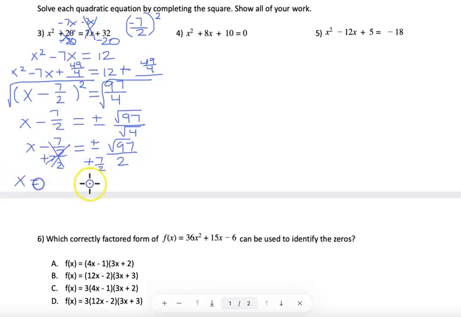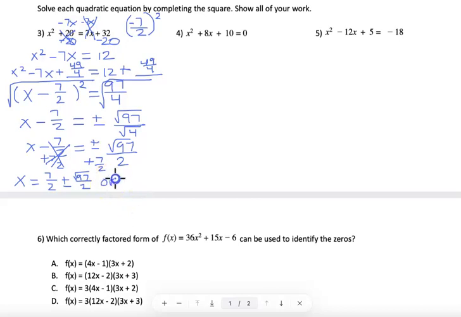So there's two different correct ways that you can write this. Again, this is a plus or minus in there, and you can't add regular plain numbers to irrational numbers. So I can either write it 7/2 plus or minus the square root of 97 over 2.